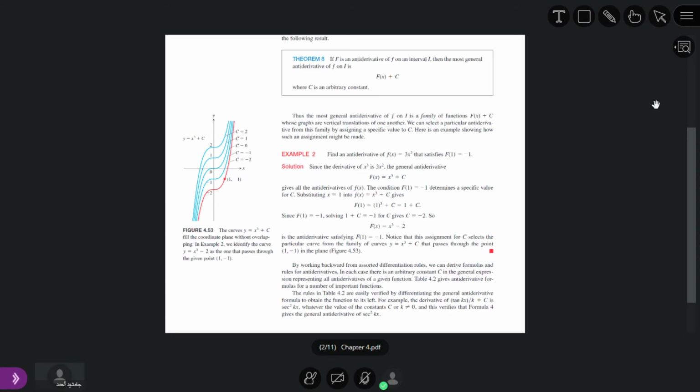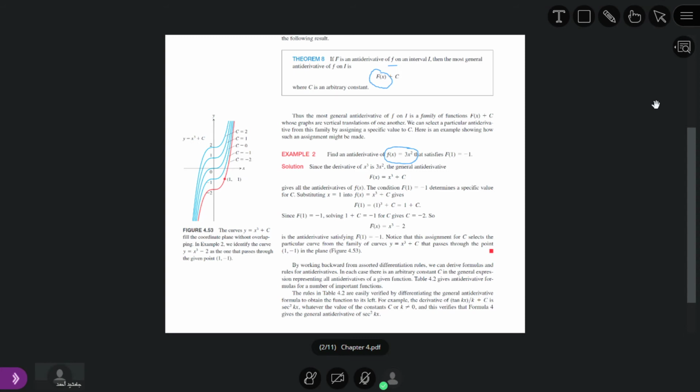So for antiderivatives, we will add some constant. If you see, this capital F of x is the antiderivative of the given function, this small f. Here, this small f of x is the derivative of what?